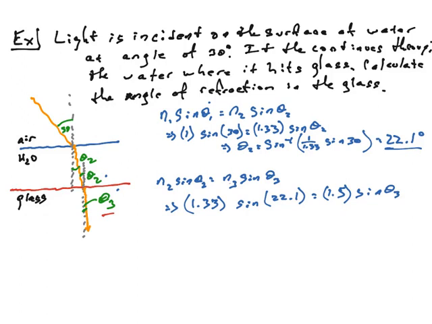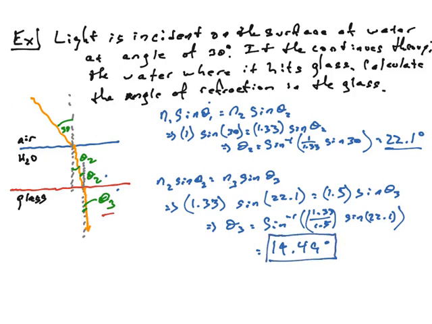All right, so exactly as before, only now we're going from water to glass. Theta 3, then, if you do the algebra, becomes inverse sine of 1.33 over 1.5 times sine 22.1. So 1.33 over 1.5 times sine of 22.1, and then the inverse sine of all of that gives me 19.49 degrees. And there's my answer.